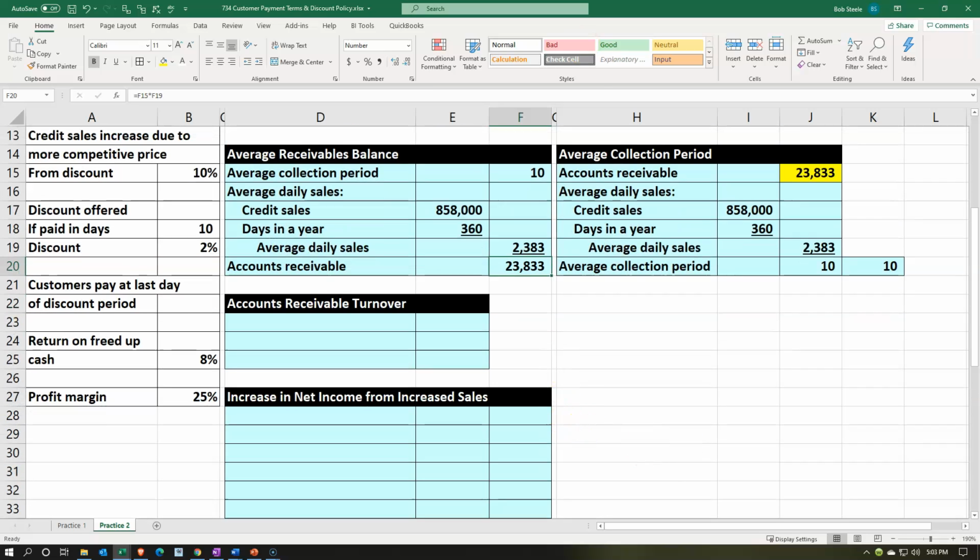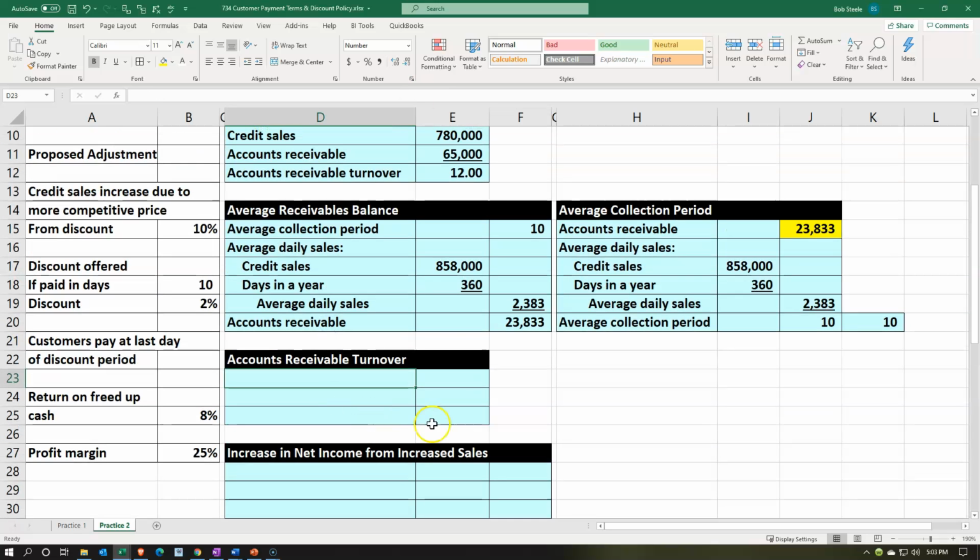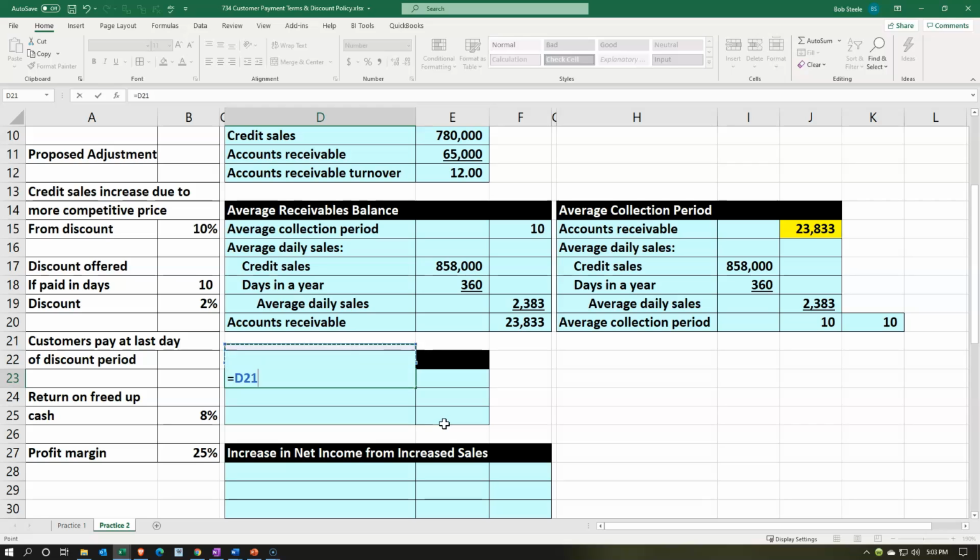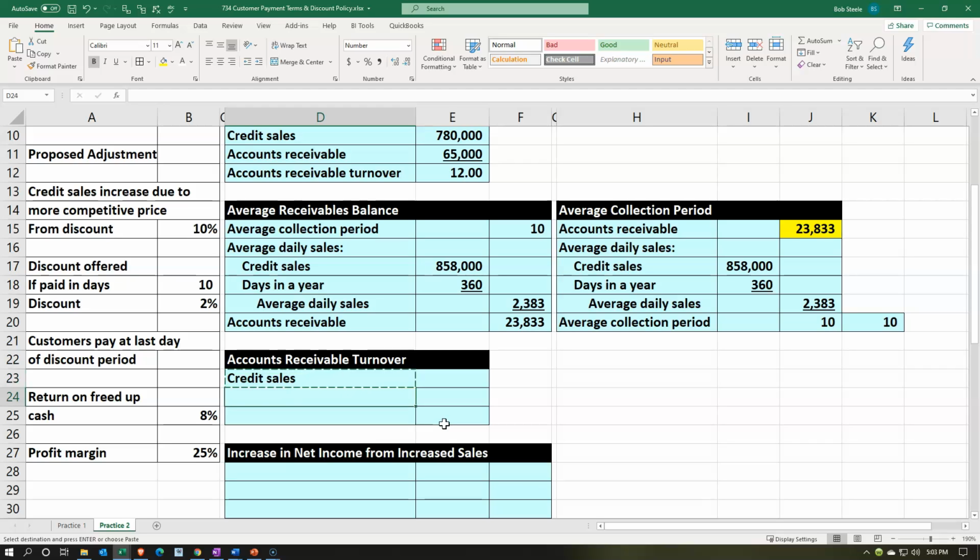Then if we calculate our turnover down below, I'm going to use the same formatting as our turnover calculation up top. This will be equal to the credit sales. I'm going to copy that, Control C, down arrow, Shift down, and Control V. Then we'll do the calculation, or I could format paint it, copying this whole thing, Home tab, clipboard, format painter.